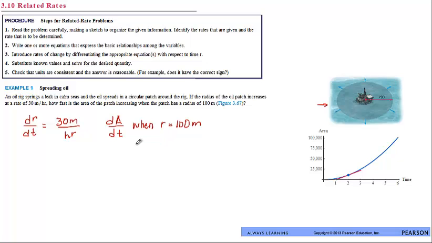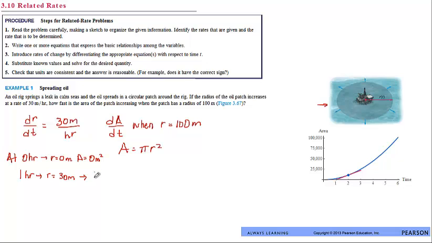All right, pretty important equation that I know about this one. Area equals pi r squared. I'm going to need that. Just to get an idea of what's going on, let's look at the 0 hour. At the 0 hour, the radius is 0 and the area is 0. At hour 1, the radius is going to be 30 meters because it's changing at a rate of 30 meters per hour.